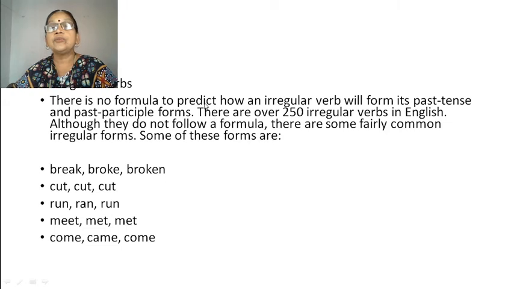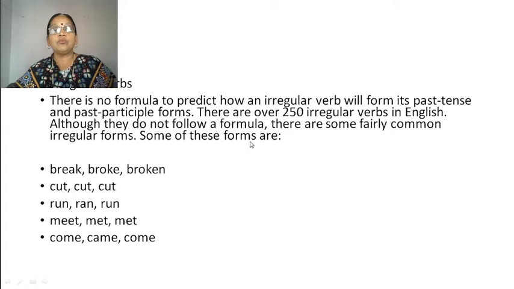to predict how an irregular verb will form its past tense and past participle forms. There are over 250 irregular verbs in English. Although they do not follow a formula, there are some fairly common irregular verb forms.